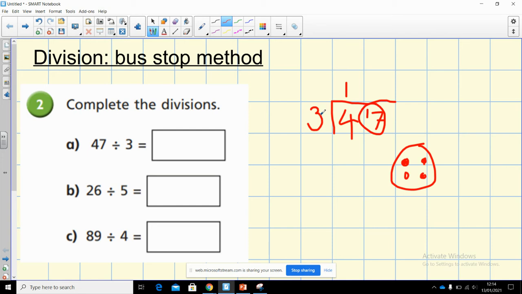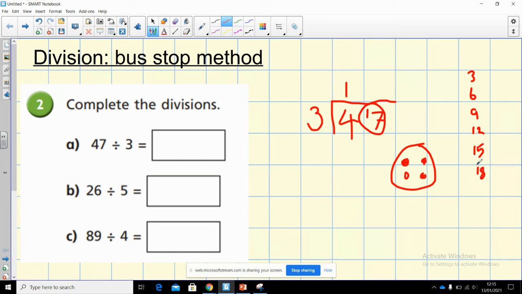The next thing I'm going to do is I'm going to say how many 3s in 17. And I'm going to count up in 3s till I get to the multiple of 3 before 17. So I go 3, 6, 9, 12, 15, counting up in 3s, 15, 18.